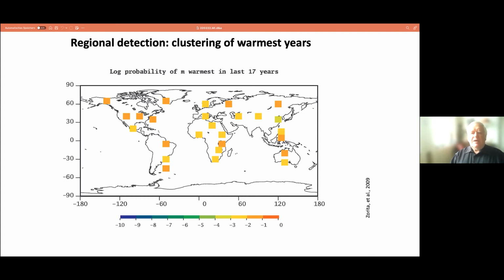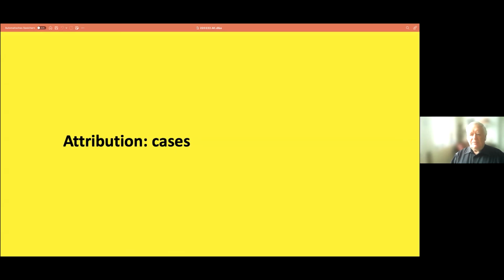We have this now for regions, and the probability is usually of the order of 10 to the minus 2, or between 10 to the minus 2 and 10 to the minus 1, but also smaller values. So just by counting the records in the temperature record, we have something which is very rare and thus should be explained by external factors.